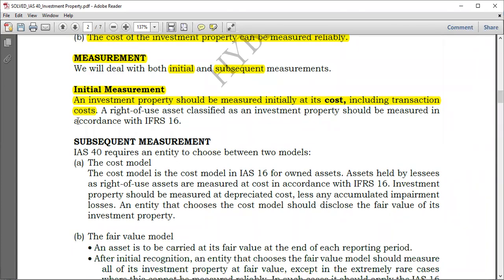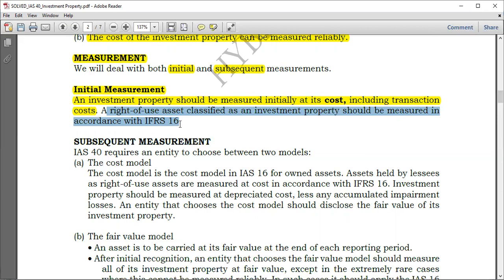For example, presume that you are holding investment property by way of a lease. Someone has leased it out to you, and you have a right of use asset. A right of use asset classified as an investment property should be measured in accordance with IFRS 16, which is leases, and you will learn how to measure this when you reach leases.